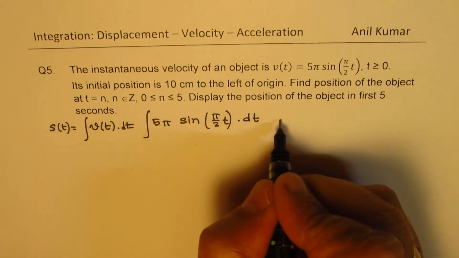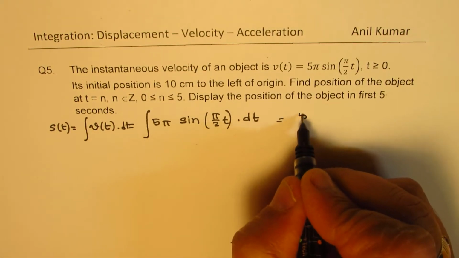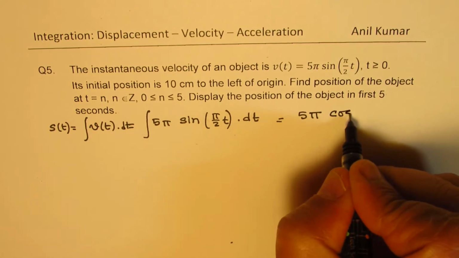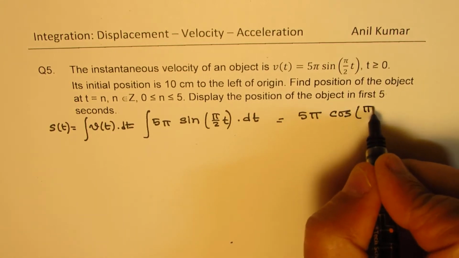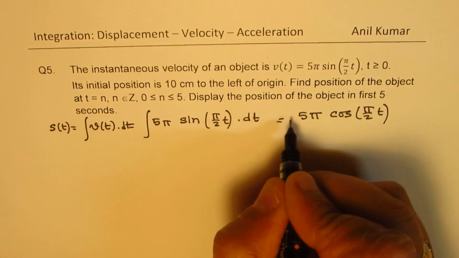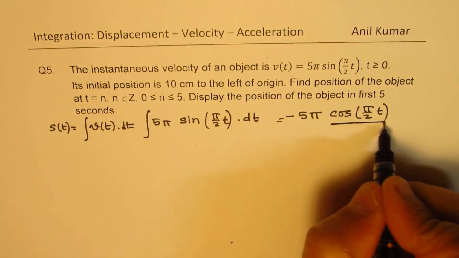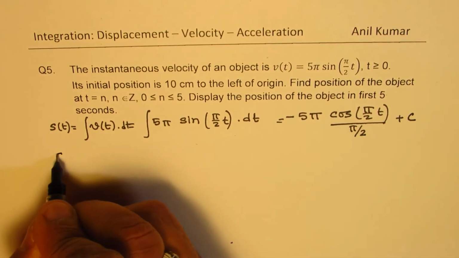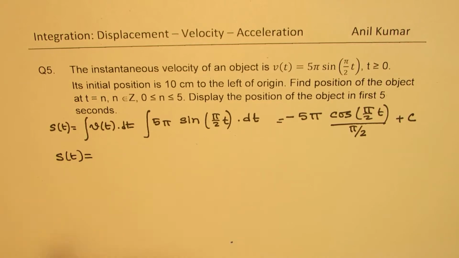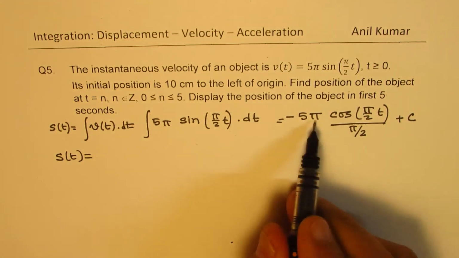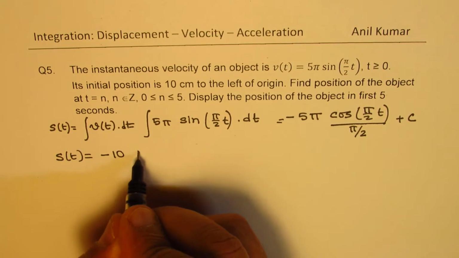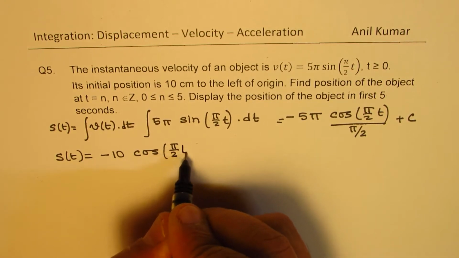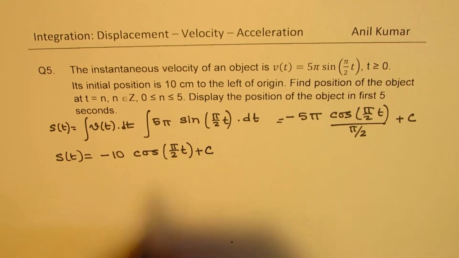The integral of this is, 5 pi is a constant, integral of sine is cosine with a negative sign. So cos pi by 2t, with a negative sign, divided by pi by 2, plus a constant c. So we can write s of t as equal to, pi and pi cancel, this goes up, so we get minus 10 cos of pi by 2t plus c.